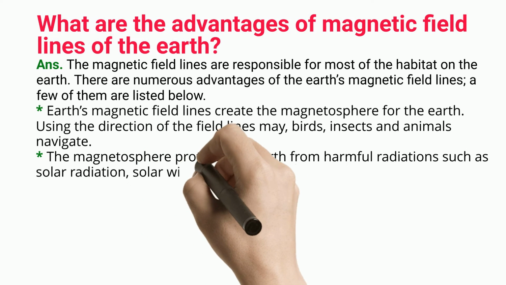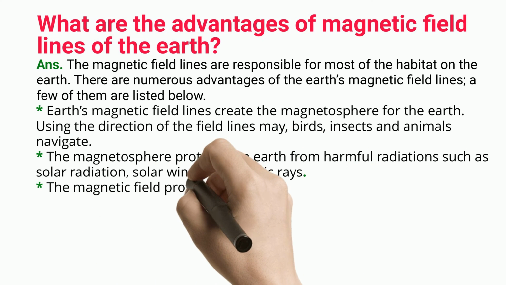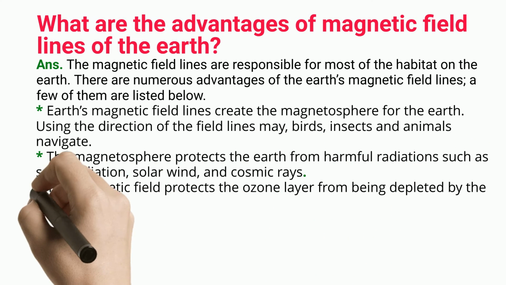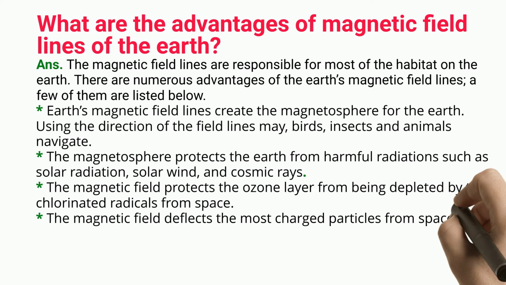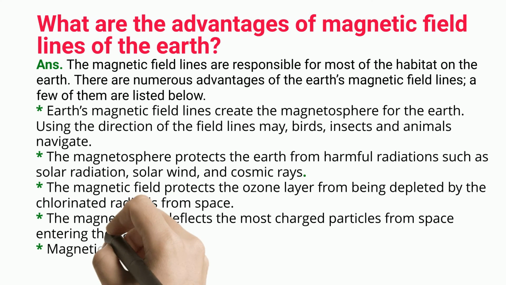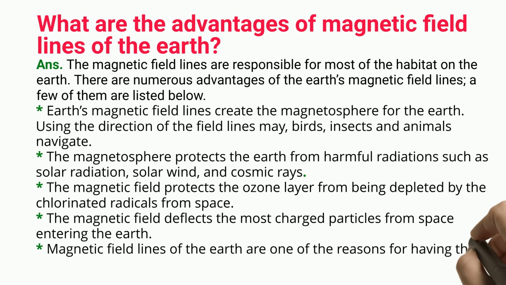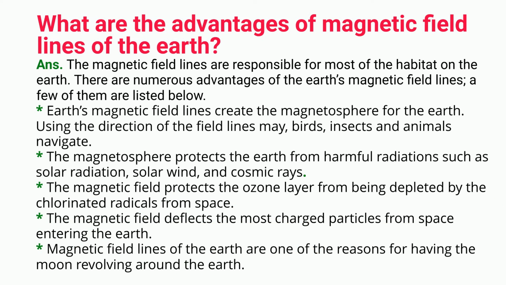The magnetosphere protects the Earth from harmful radiations such as solar radiation, solar wind, and cosmic rays. The magnetic field protects the ozone layer from being depleted by the chlorinated radicals from space. The magnetic field deflects most charged particles from space entering the Earth. Magnetic field lines of the Earth are one of the reasons for the Moon revolving around the Earth.